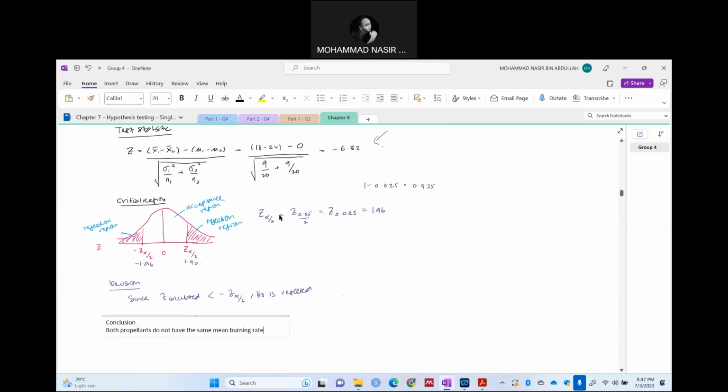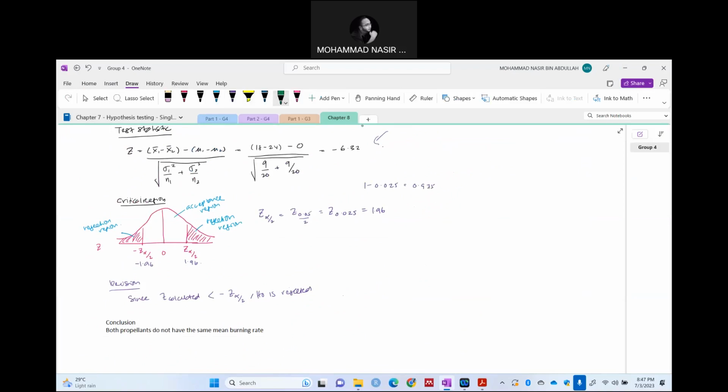So to use the p-value approach, let me put it on the right hand side. P-value approach. The conclusion should be the same for p-value and critical value, right?